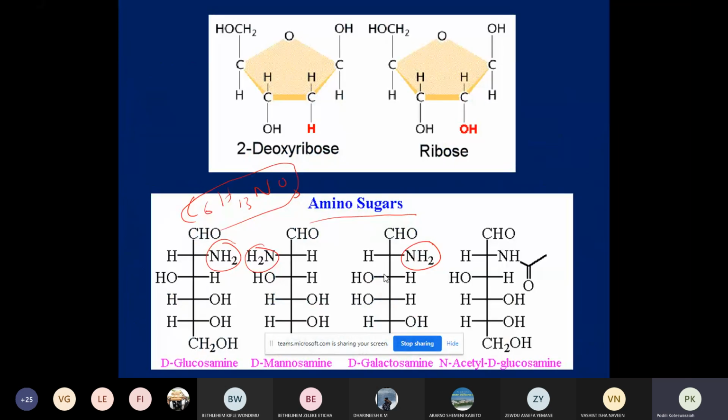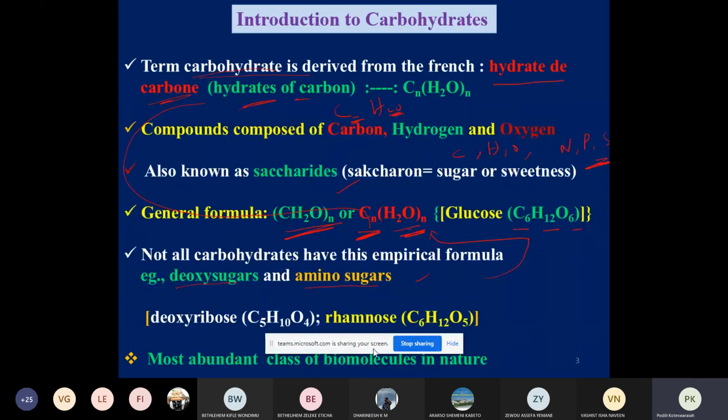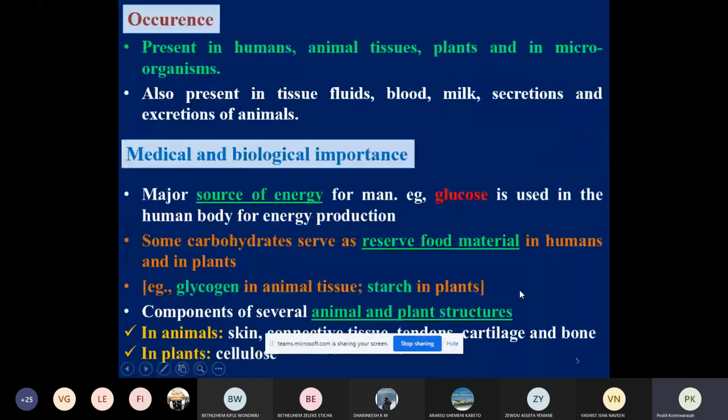We know that carbohydrates are abundant molecules in nature, present in humans, animal tissue, plants, microorganisms, tissue fluids, and also the excretions and secretions of animals.